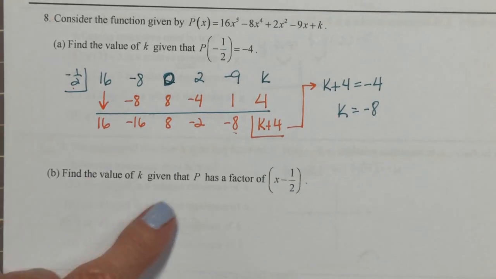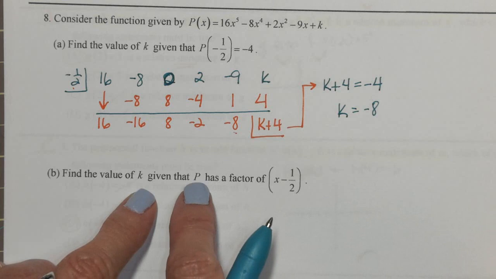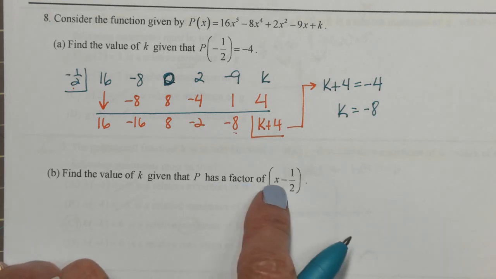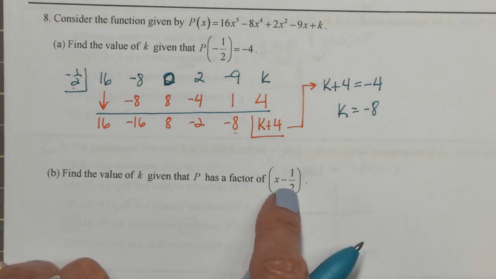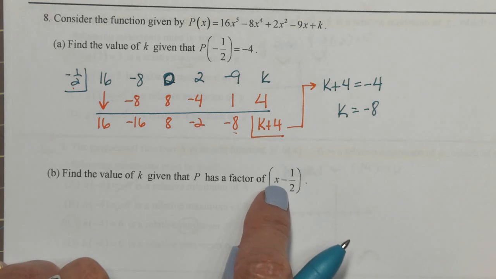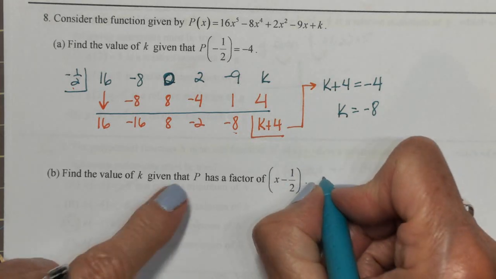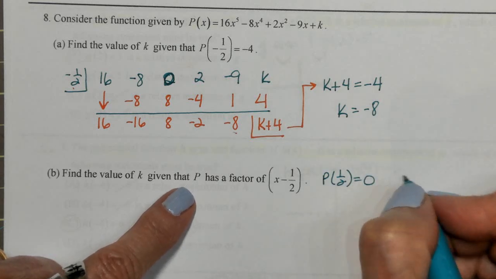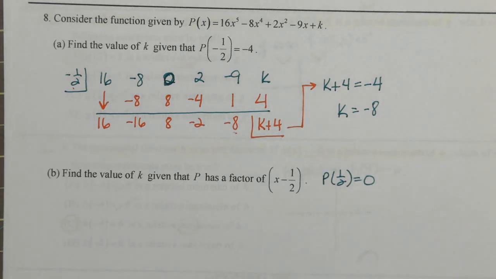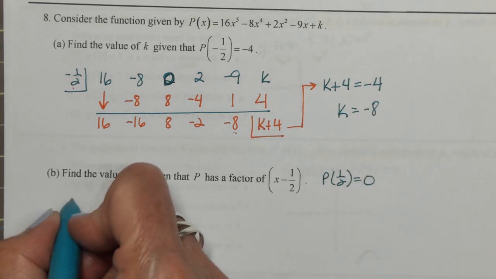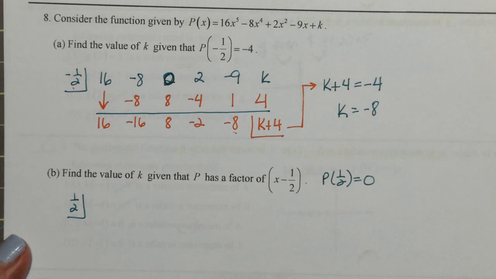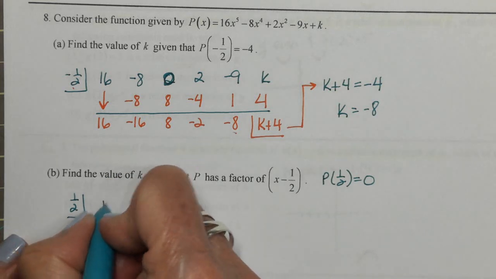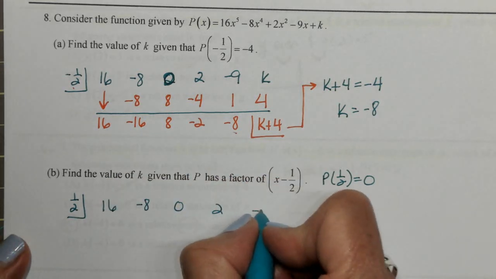Okay, find the value of k given that p has a factor of x minus a half. Well, if this is a factor, then I know that p of 1/2 must be 0. I'm just going to do the same thing I did above, except at the end, I'm going to set it equal to 0. So 1/2, and then all of these values across.